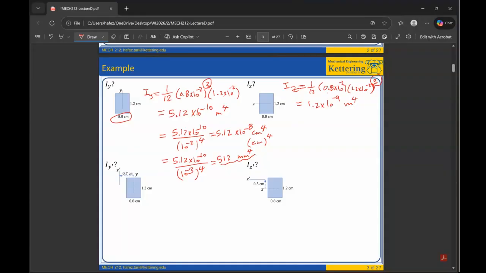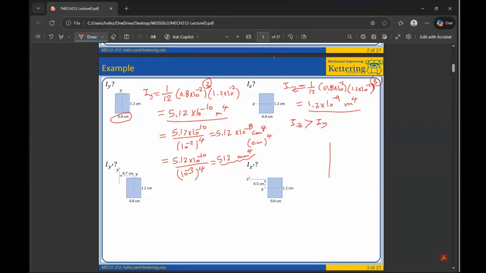By comparing these two values, we see that Iz is bigger than Iy, which means it's harder to bend about Z than Y. So that's why in buildings, in constructions, they use beams.